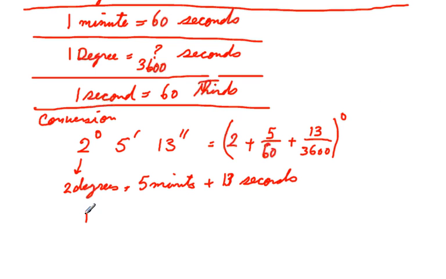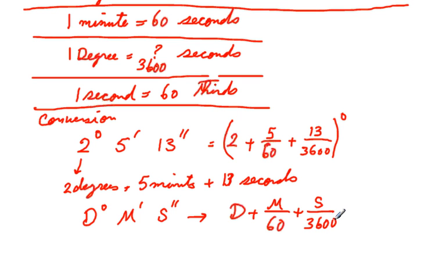So if I have degree, minutes, seconds, I want to convert it to degrees. I take my minute number divided by 60. I take my second number divided by 3,600, and the whole thing is going to be how many degrees we got.